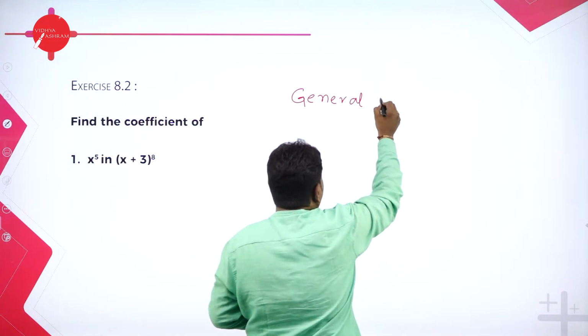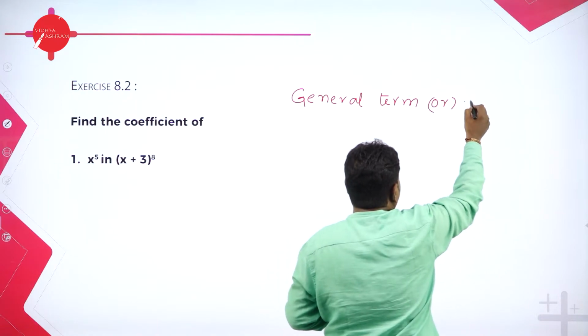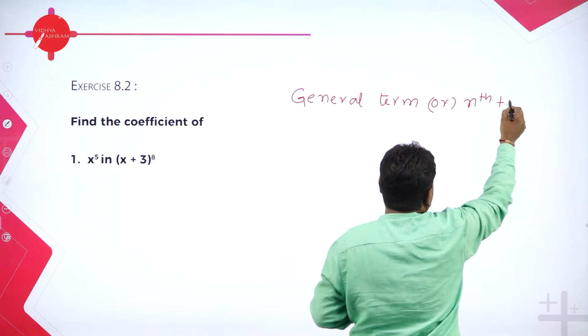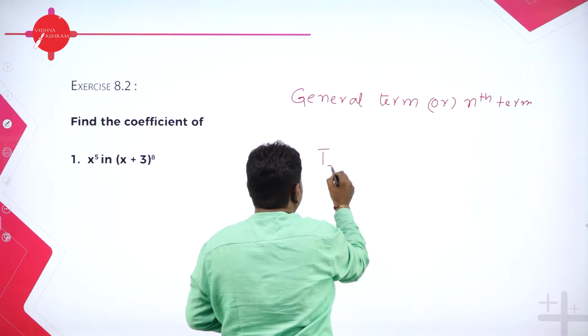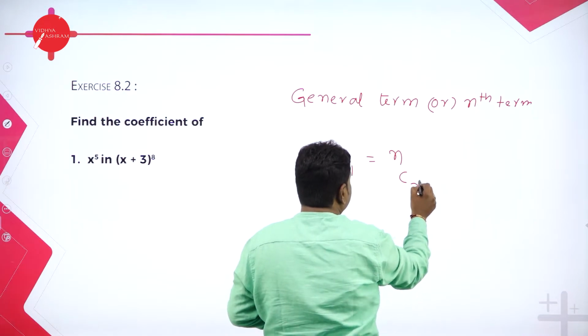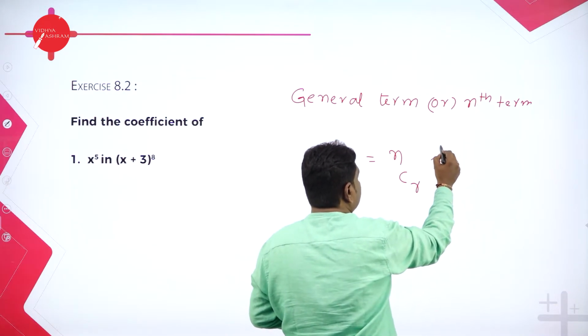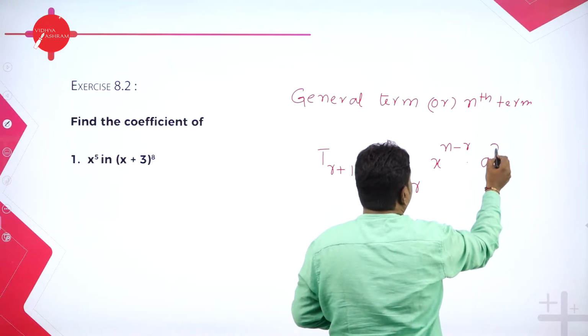Or I can also call it the nth term in the expansion. So we say T(r+1). T(r+1) is nCr x power n minus r, means first term power n minus r into a power r.